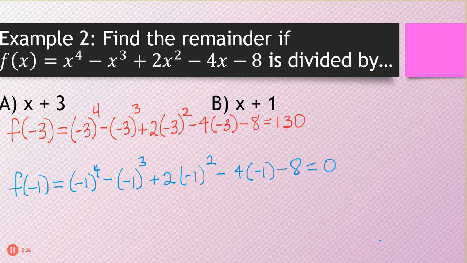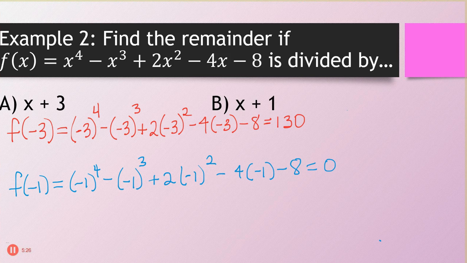Okay, so when we evaluated f of negative 3, we determined that the remainder is 130. So the answer to part A is 130. However, when you evaluate part B, we actually get 0. So what does that mean whenever your remainder is 0?